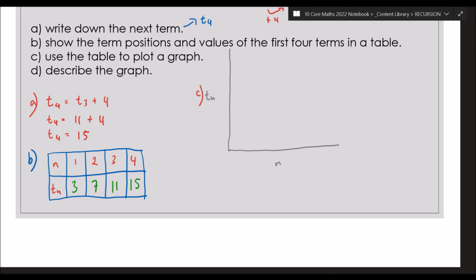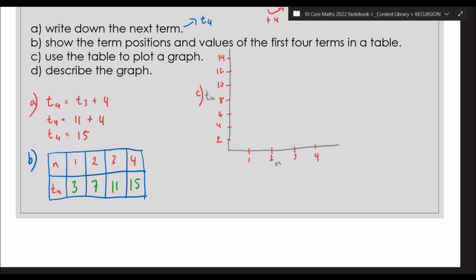You can see here the first 4 numbers for n, so it's going to be 1 to 4. You put those numbers down here: 1, 2, 3, 4. And on your y-axis is the numbers 3 to 15. So make sure all those numbers fit. I might just go by 2s. We'll go 2, 4, 6, 8, 10, 12, 14, and that should be fine. Okay, that should be enough.